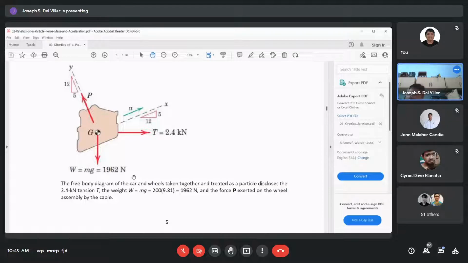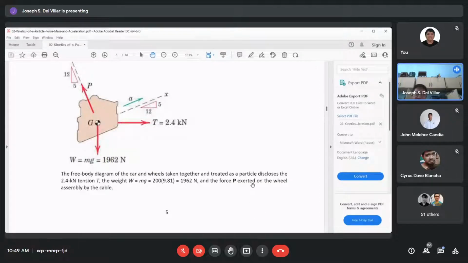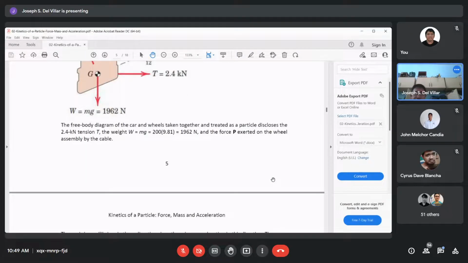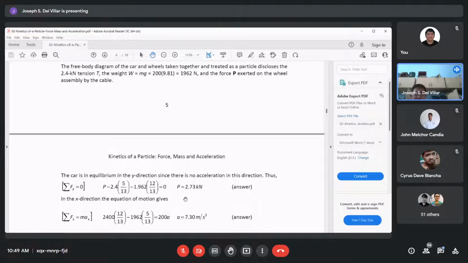It is tilted, so you try to straighten up the axis. Okay? So one equation, one unknown in P, we can solve for P. Okay?